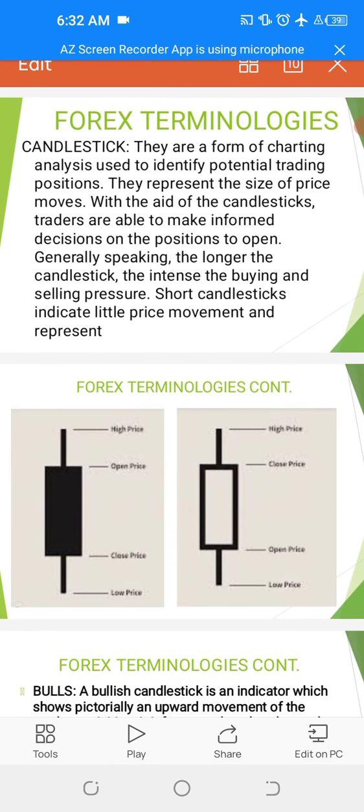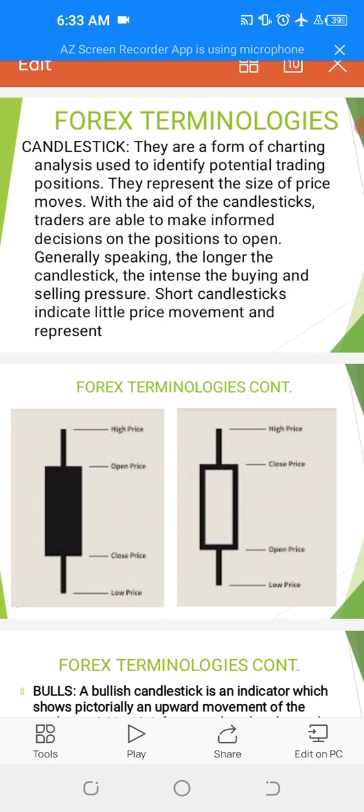And the first terminology we are going to be talking about is candlestick. Candlesticks are a form of chart analysis used to identify potential trading positions. They represent the size of price moves.